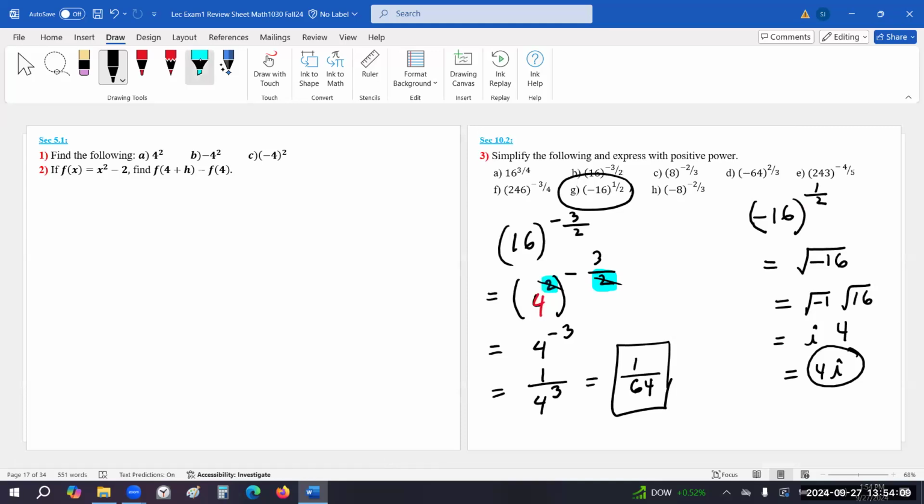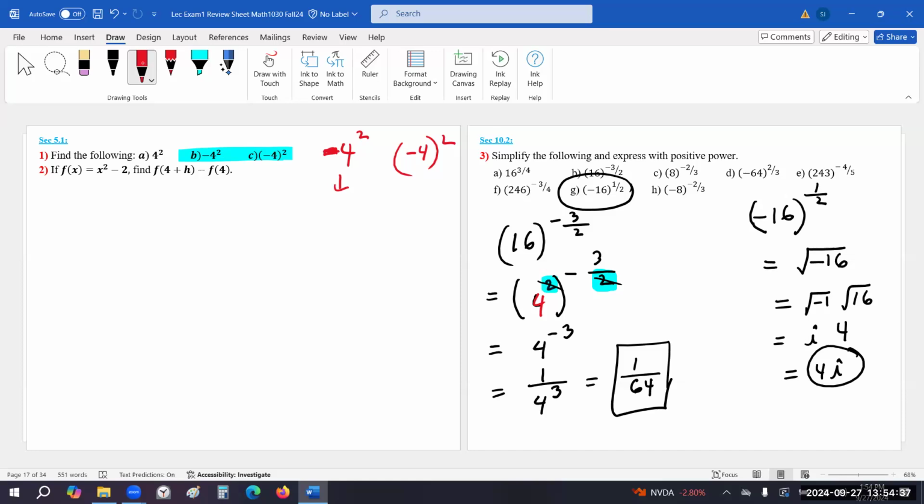What's the difference between these two? If you have negative 4 squared and negative 4 in parentheses squared, what is negative 4 squared? Are they the same or are you going to get different answers? Different answers. How do you know which one is which? Good. The first one doesn't have any parentheses.